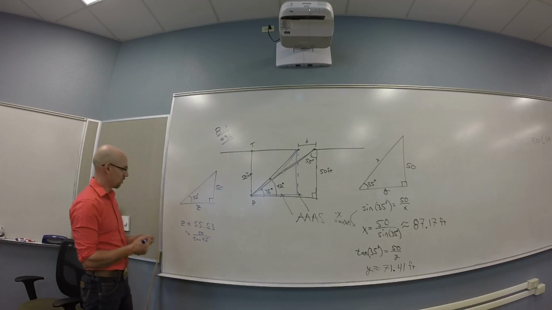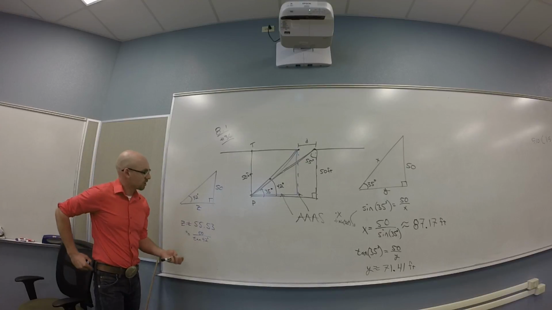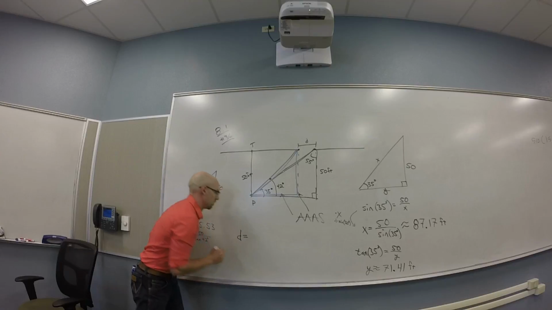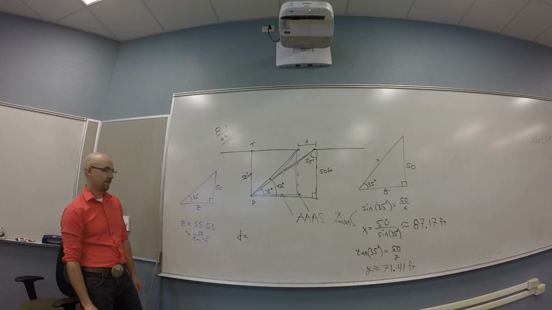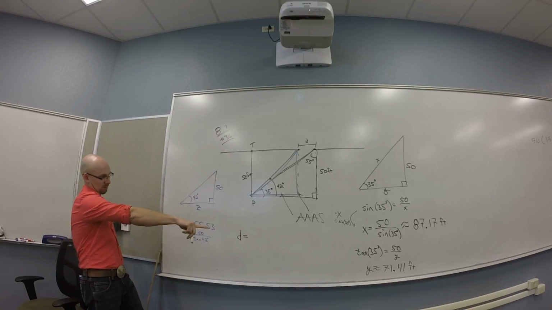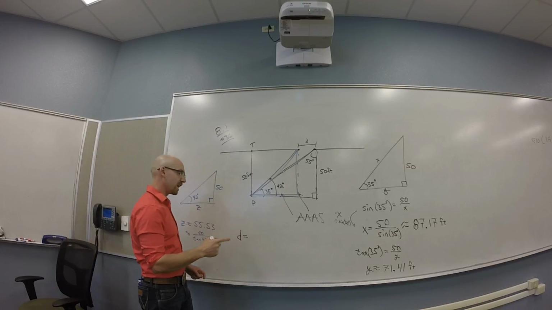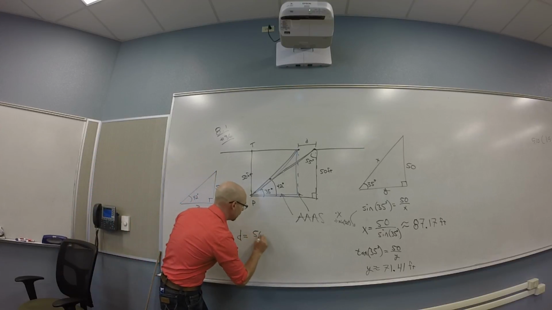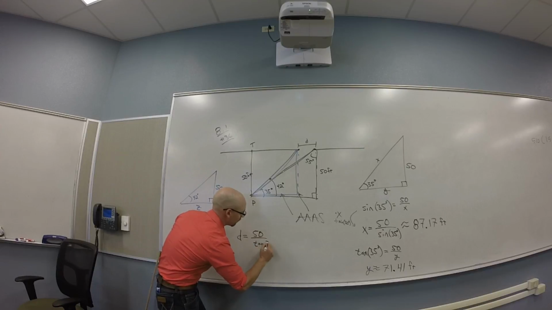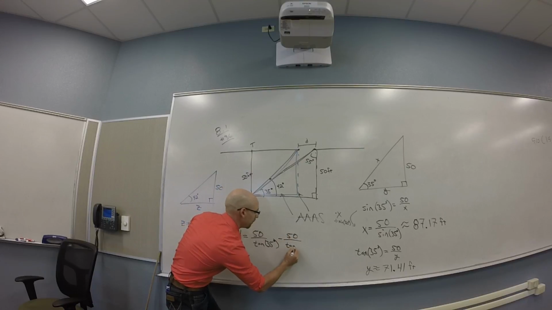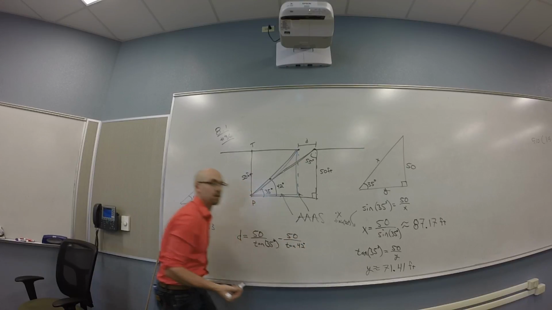Okay, so what was that side length I was looking for to begin with? D. D should be 71.41 minus 55.53. Okay, so if I want an exact answer, I'd write it's 50 divided by tangent of 35 degrees minus 50 divided by tangent of 42 degrees.